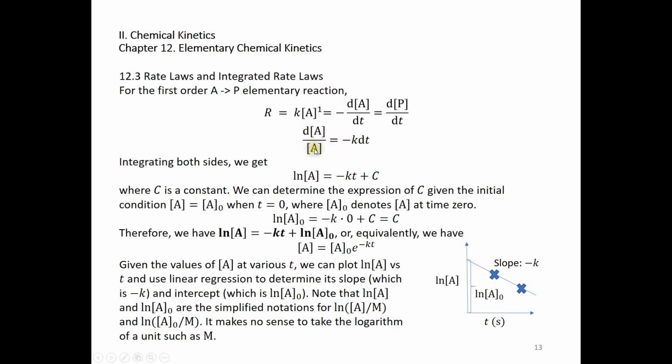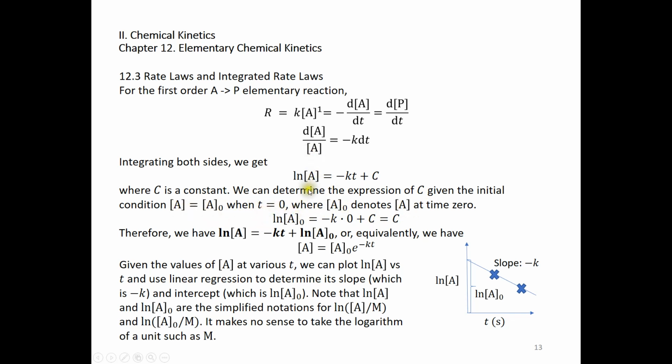The integral of dA over A is ln(A), the integral of negative k dt is negative kt, and because we're doing indefinite integrals without lower and upper limits, we need to add a constant. We can determine the constant C given the initial condition. If A is A naught when time is 0, and A naught denotes A at time 0, then we plug in those expressions.